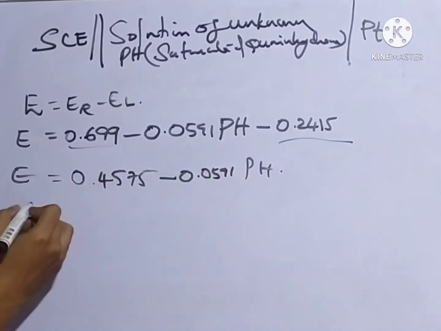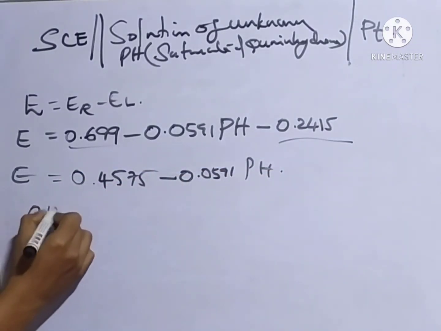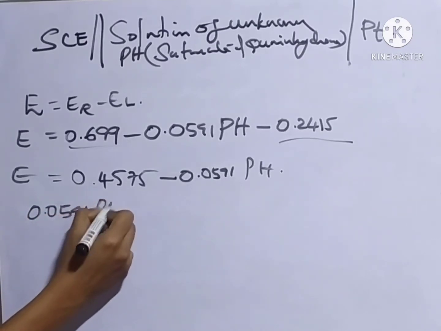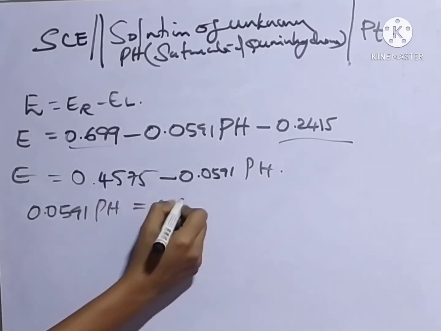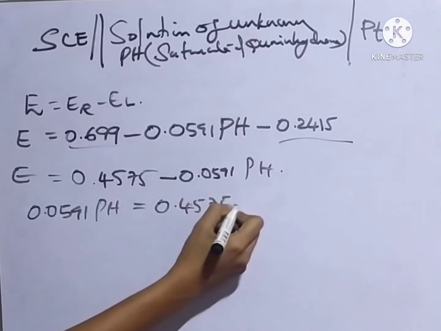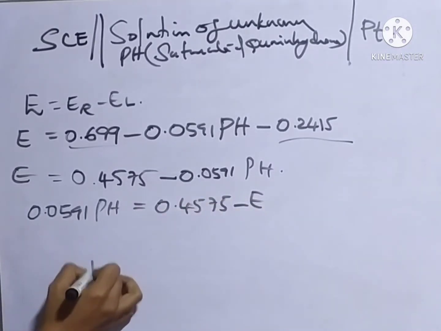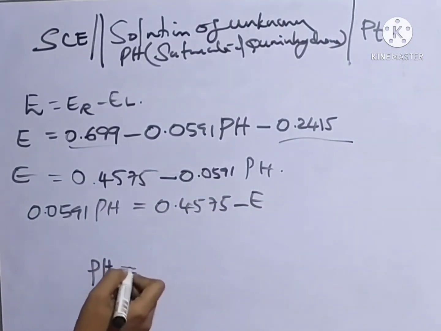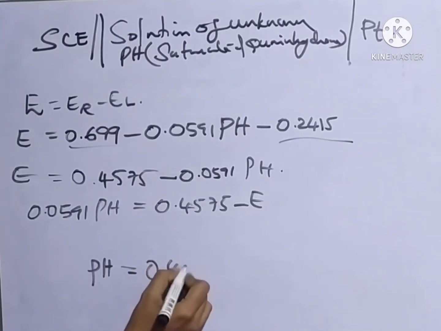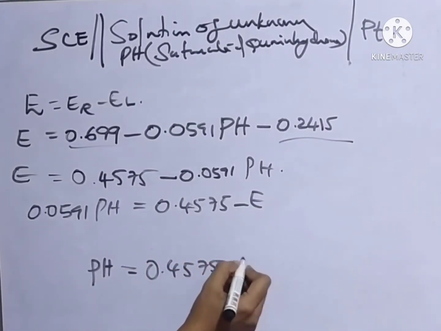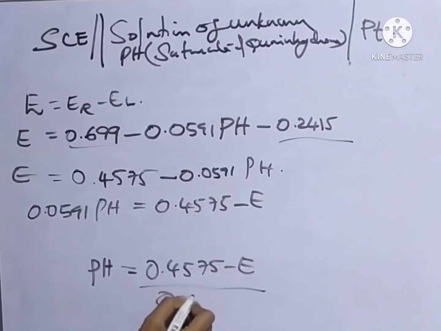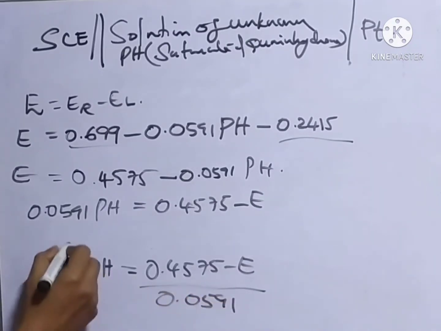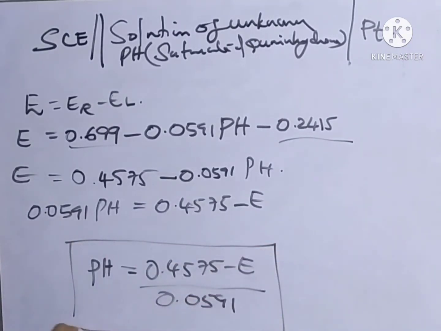So if we rearrange this equation, we will get 0.0591 pH equal to 0.4575 minus E, and pH value equal to (0.4575 minus E) divided by 0.0591. So this is the pH of the solution when it is a part of cathodic half cell.